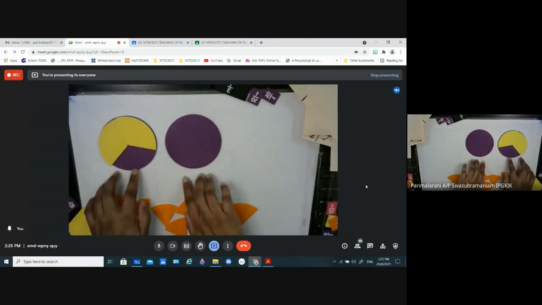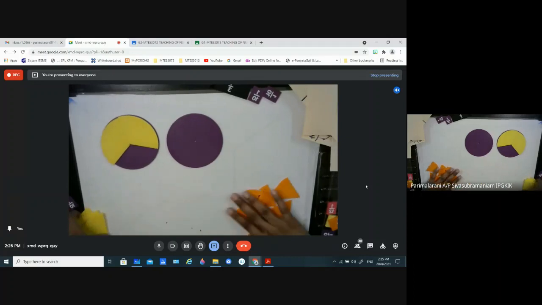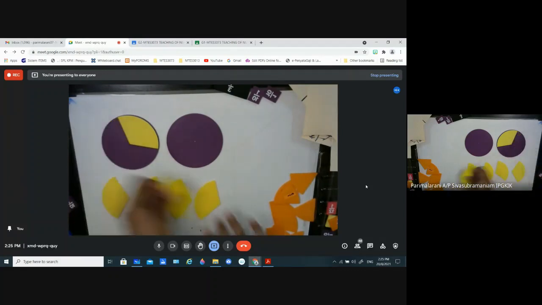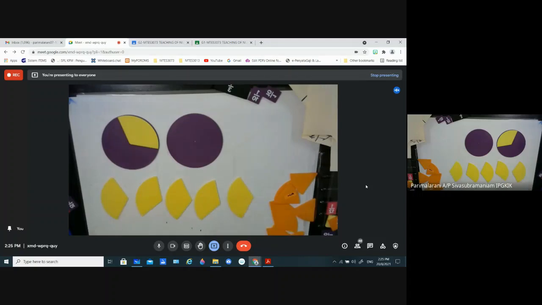If you want to show the improper fraction 5 over 3, which is exactly the same value, then we have to show it like this, 1, 2, 3, 4, and 5. We cannot show it like the mixed number. So this is the difference between improper fractions and mixed numbers.